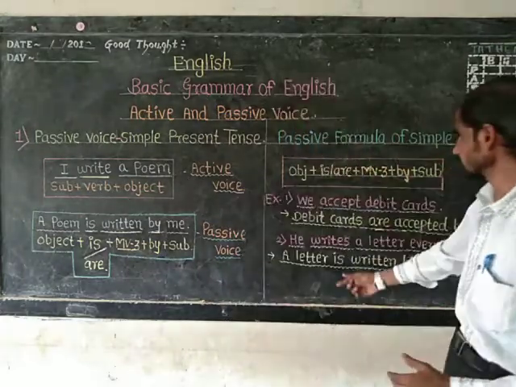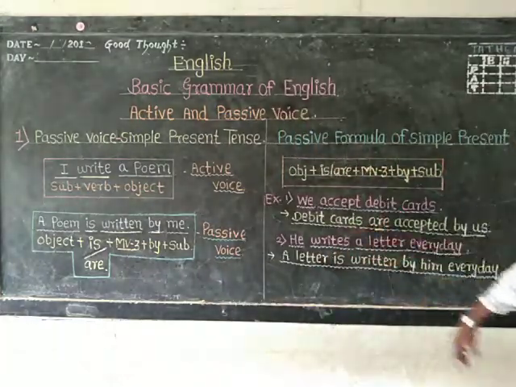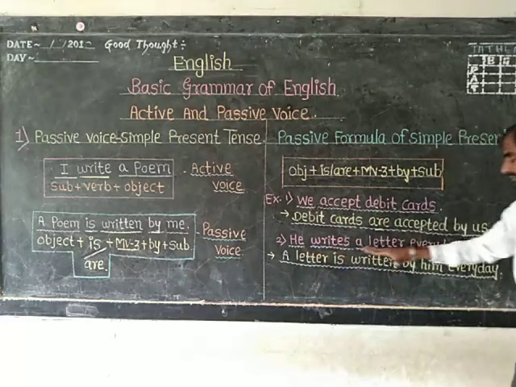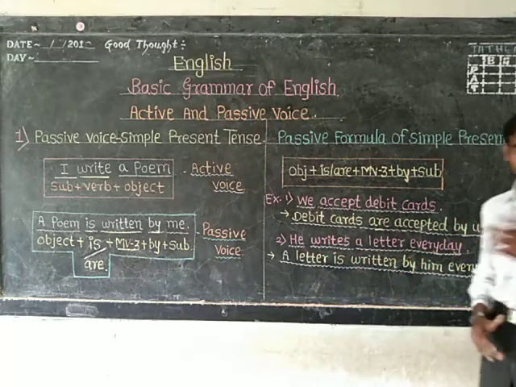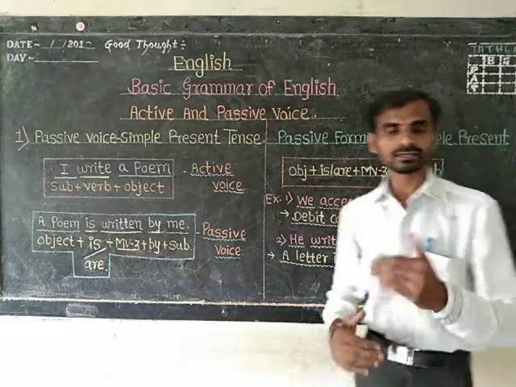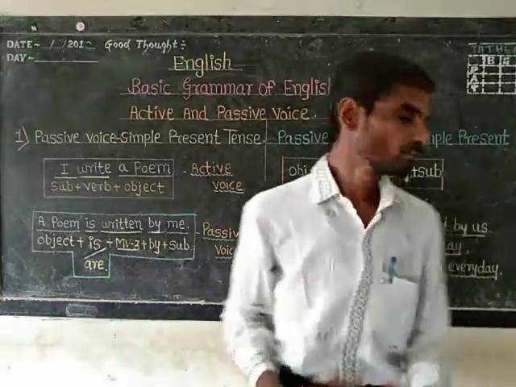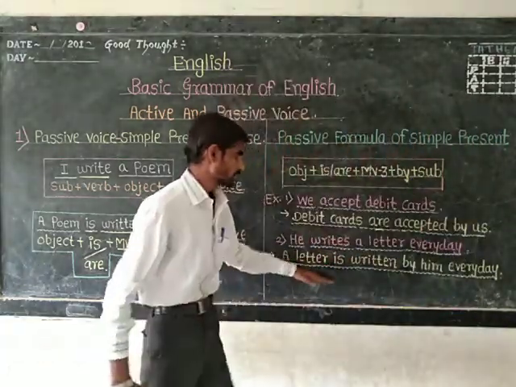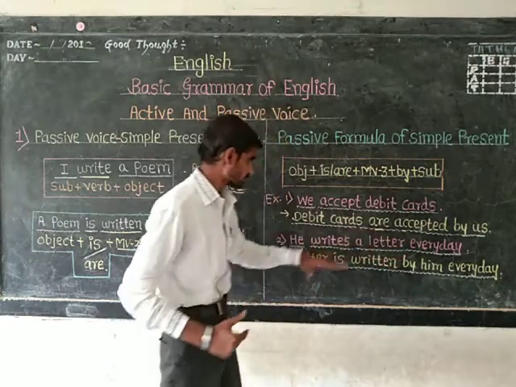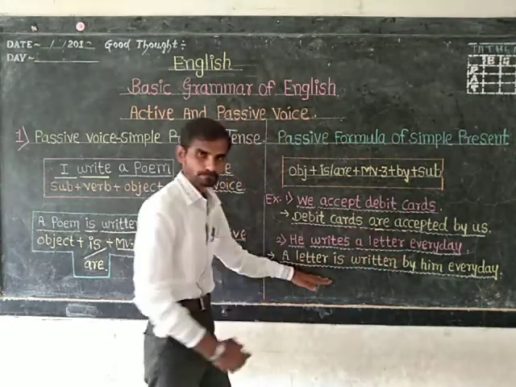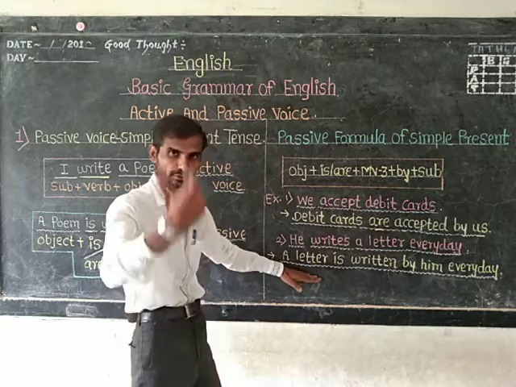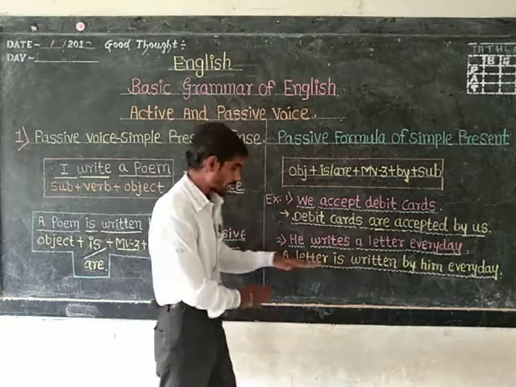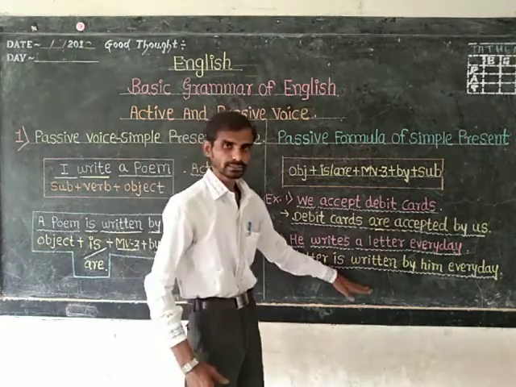Let us try to understand the next and the second example, that is, he writes a letter every day. Yes, very simple sentence. He writes a letter every day, and the answer we have written, the object we have taken at very first, that is a letter, isn't it? A letter, it is in singular, therefore is, and that will be a letter is.